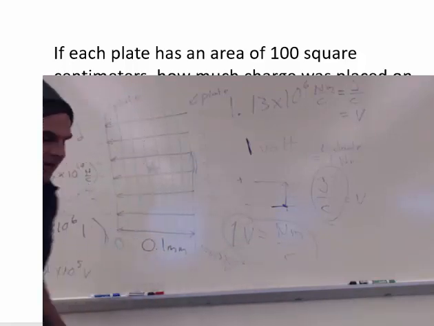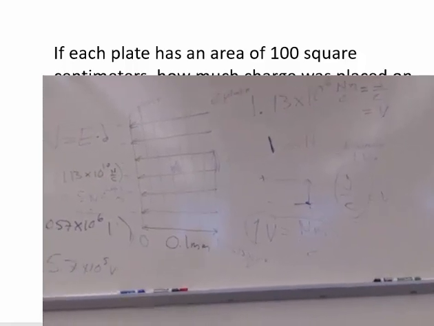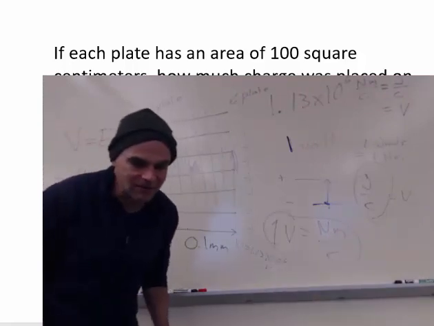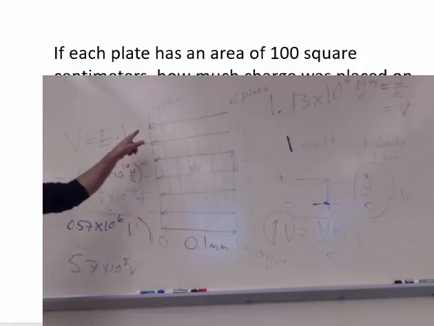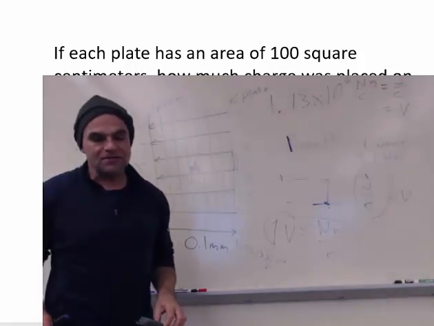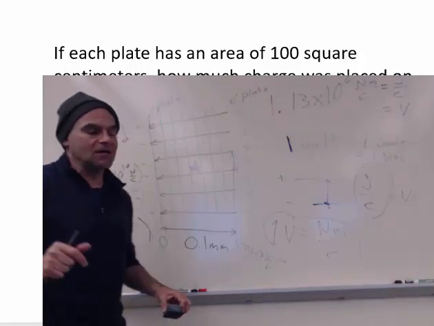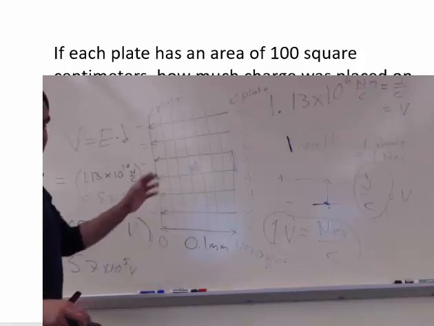Make sure you can see all this. I want to make sure you can see everything. So I'm going to erase a lot of this stuff, but I want to go to the next question, which is on this next slide in the PowerPoint, and that is, how much charge is on each plate if the area of each plate is 100 square centimeters, and if the field between each plate is what we've been calculating.